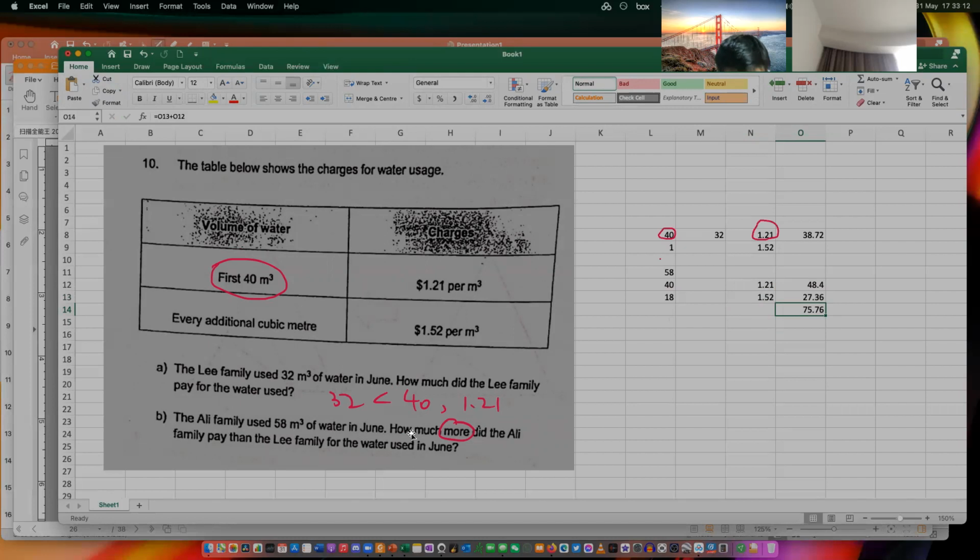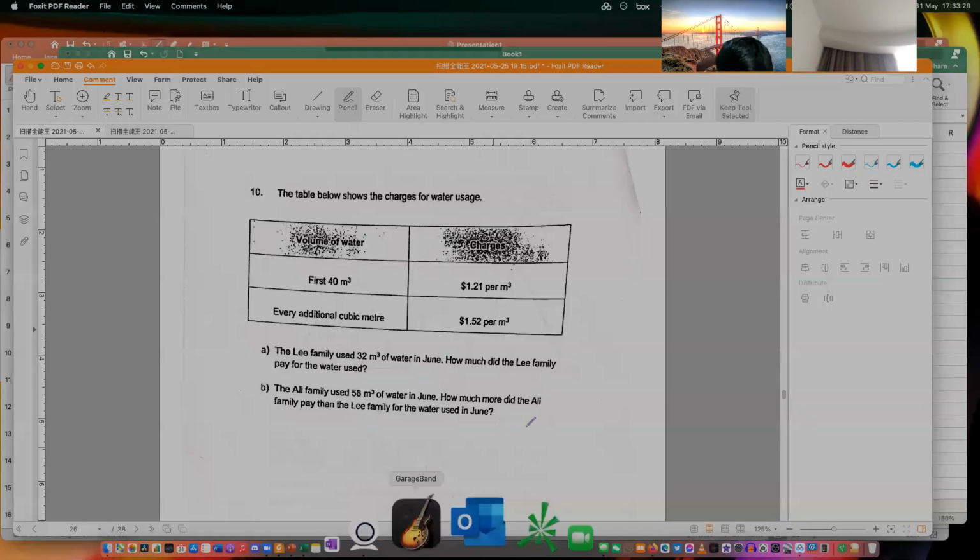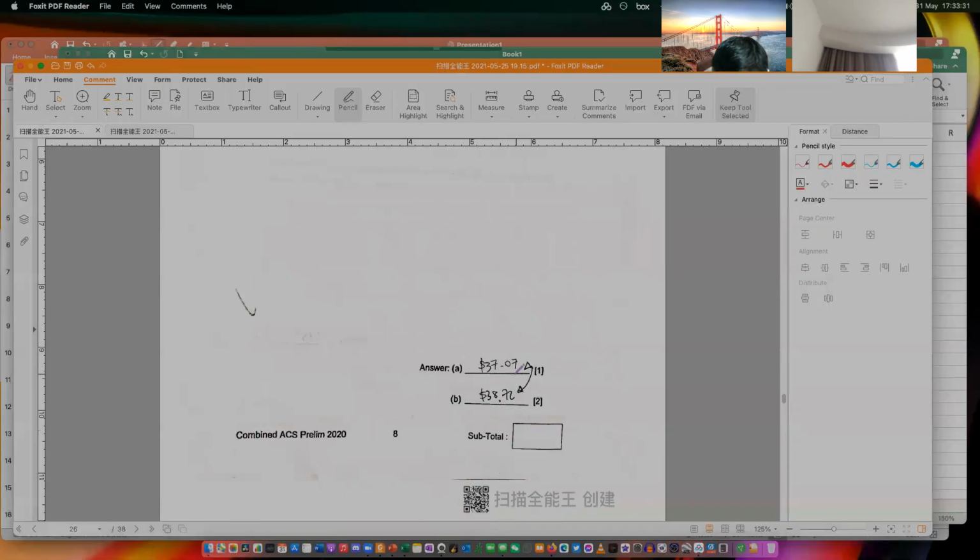And then the question asks for how much more. So you just take 75.76 minus off the 38.72. So the answer should be 37.04. Your answer should be 37.04.